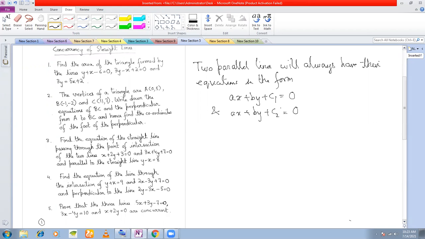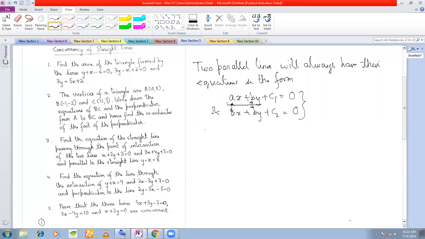I think I mentioned this earlier also. If you see these two equations, the coefficients of x and y are the same, so we can say that these two straight lines are parallel, just by looking at the equations.